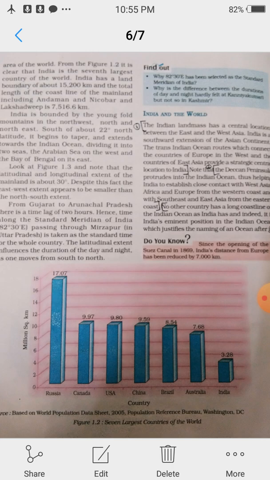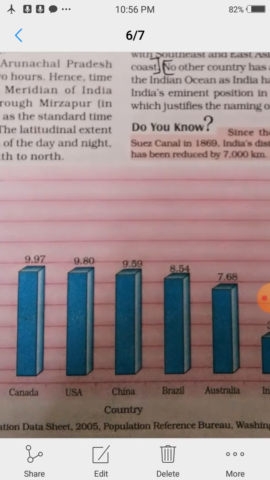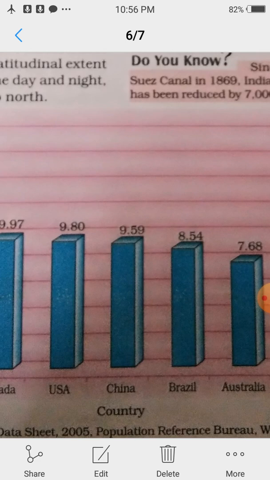The area of Russia is much more. Russia has the world's largest landmass, 17.07. Below that, Canada, 9.97. After that the USA, United States of America, 9.80. Then China, 9.59.